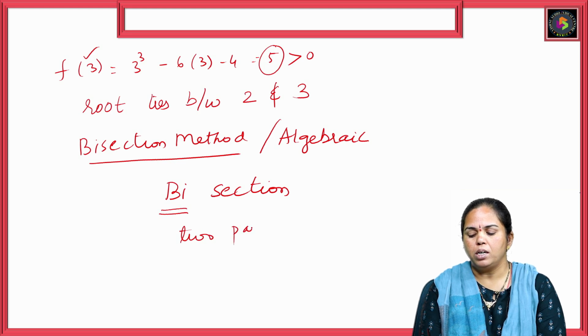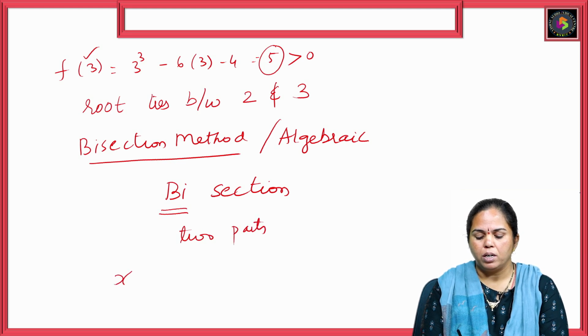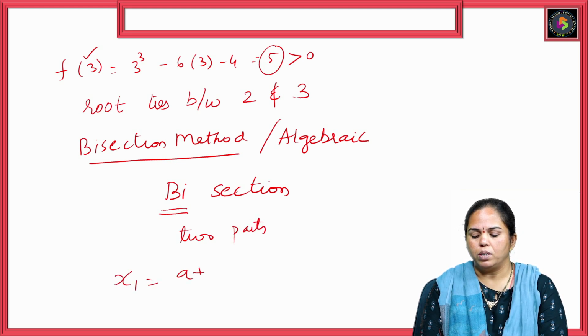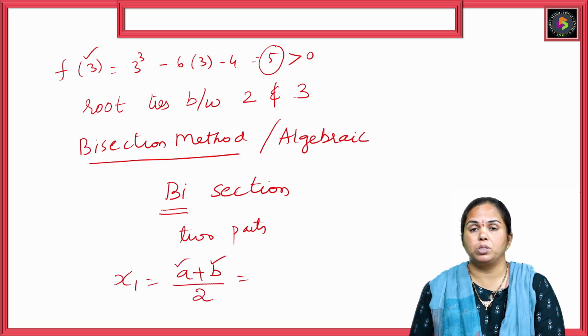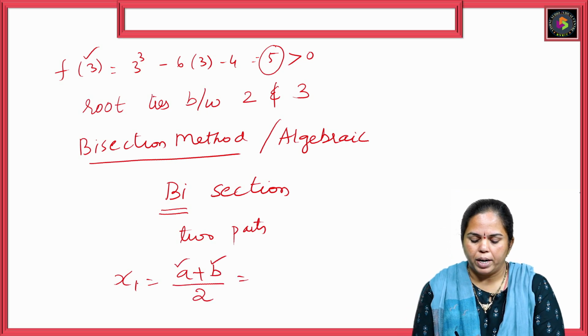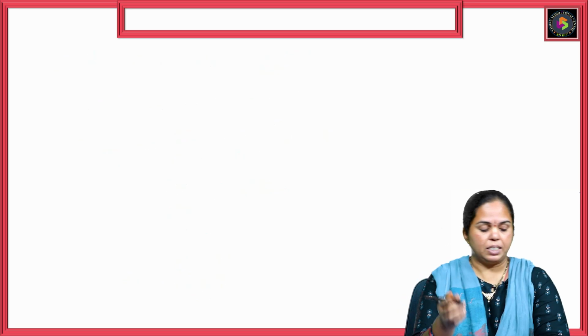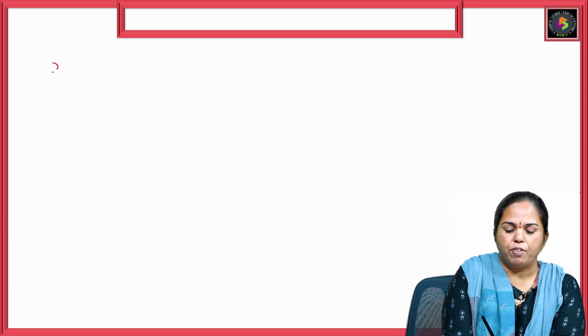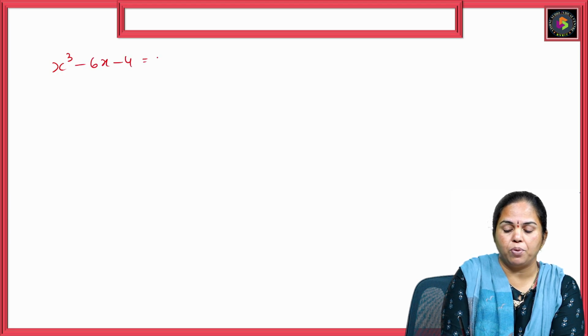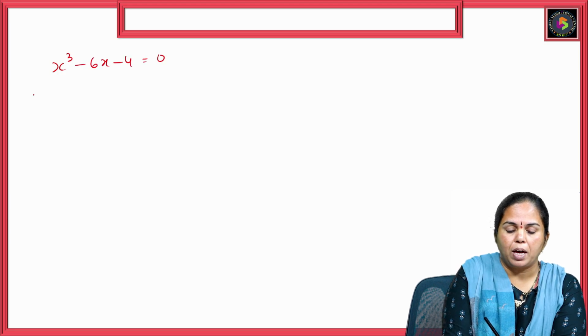The formula will be x1 equal to a plus b by 2, where a and b are the roots, or x0 equal to a plus b by 2. We'll consider the same example, finding the solution of x cube minus 6x minus 4 equal to 0. Coming to the procedure here, the solution.